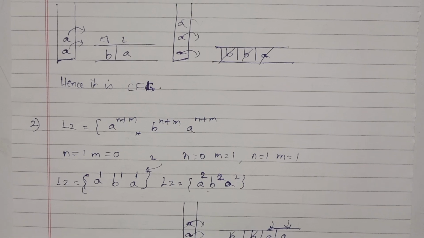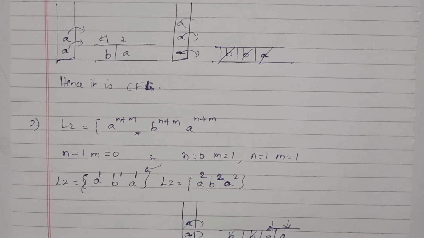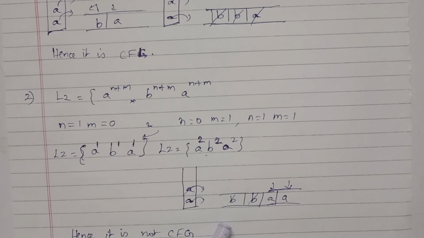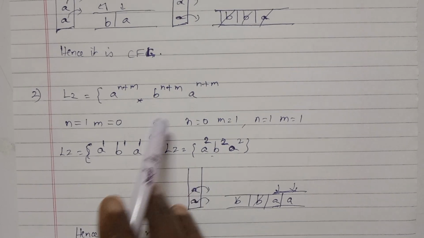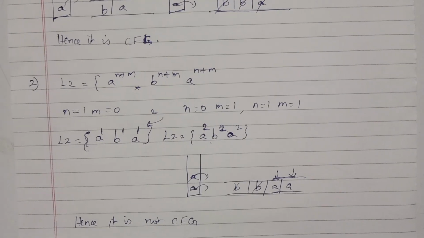You pop these out and match them against the b's, but then the a's can't be checked. Hence it is not possible to identify this language with only a stack and this input string. Hence we can say that this is not a CFL.